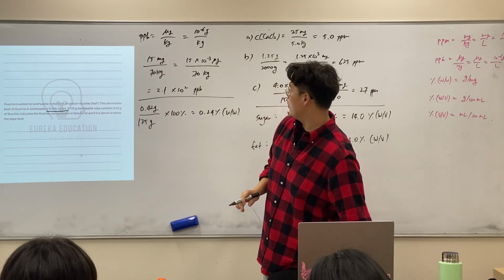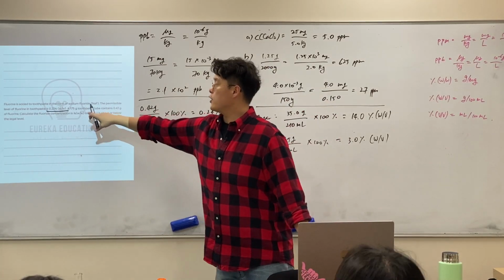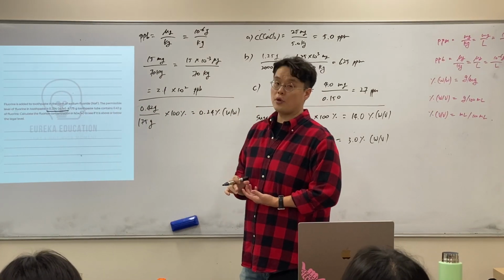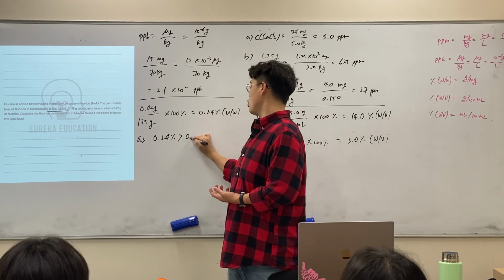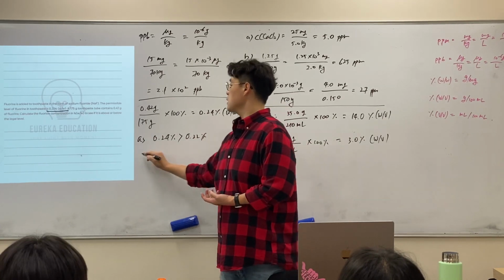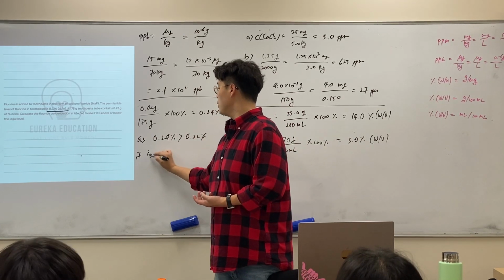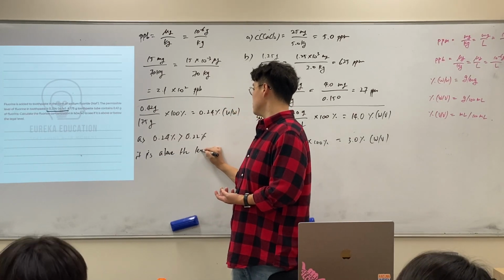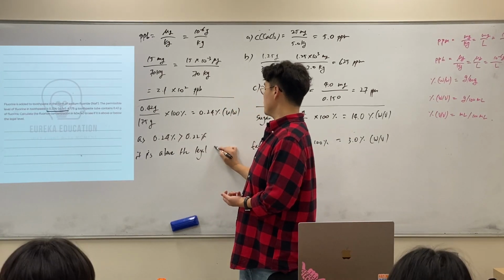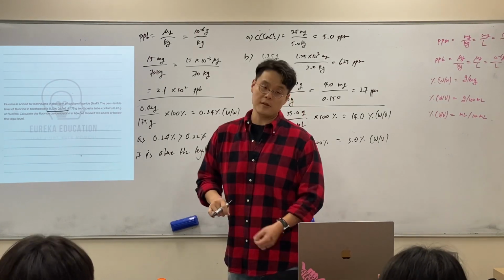Compare that to the legal value. The legal permissible value is 0.22. So as 0.24% is greater than 0.22%, it is above the legal level. That's the final answer.